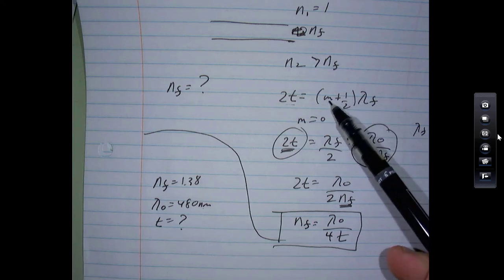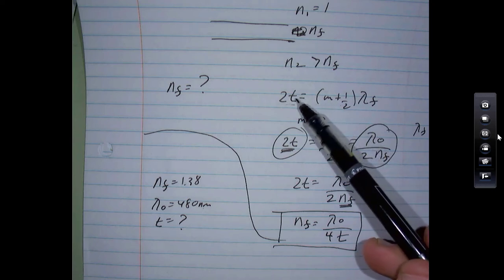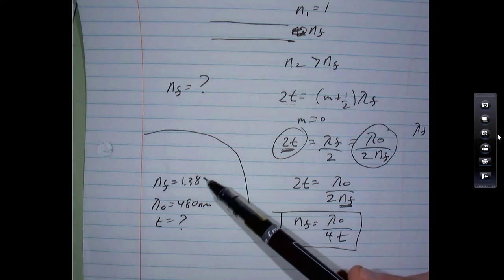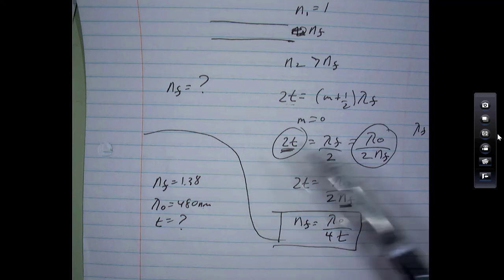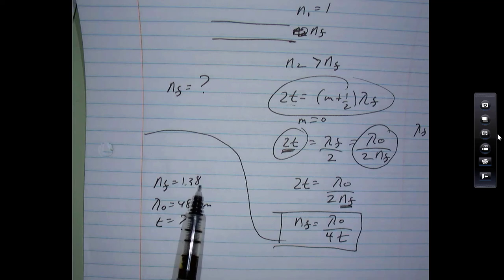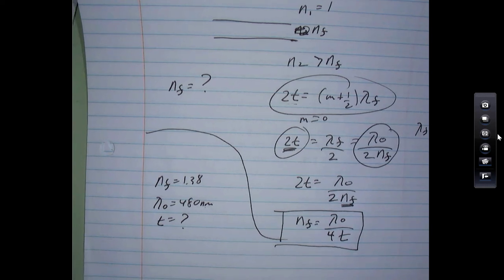For m equal to 0, what would the thickness have to be if the wavelength in the film is found from using 1.38 as the index of refraction? So I'll leave part B to you. It's essentially using this formula, but knowing the index of refraction of the film is 1.38, what would t have to be? Okay, excellent. Let's look at the next one.